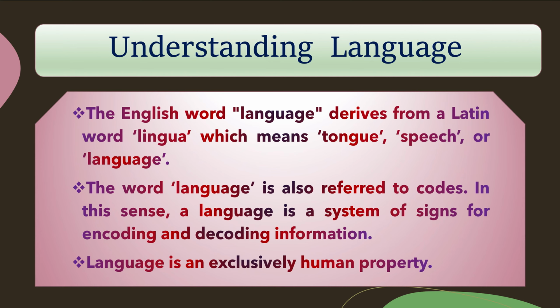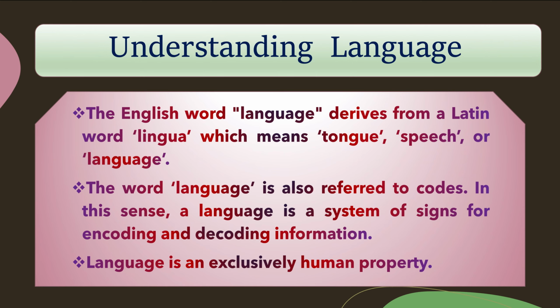That is to say that you will be able to communicate. So decoding information is basically communicating information. Therefore, language is also referred to as a system of codes, a system of signs, and these systems of signs help us in encoding and decoding information.